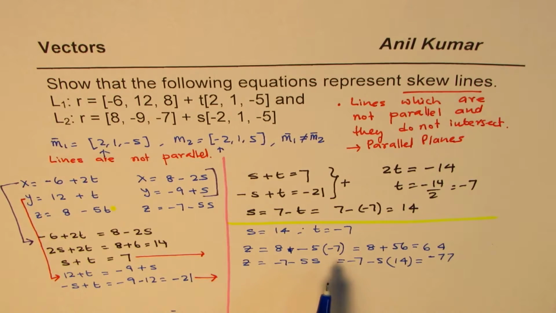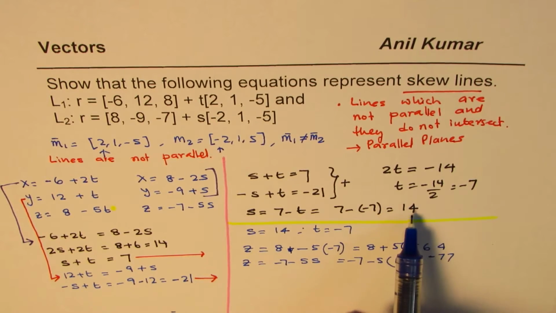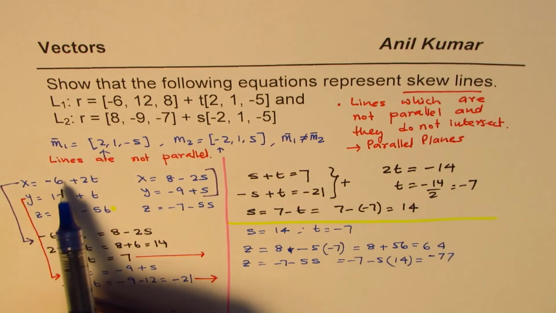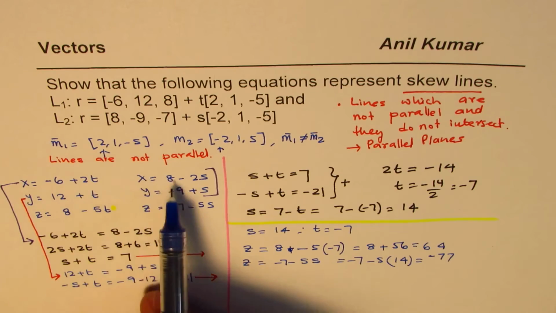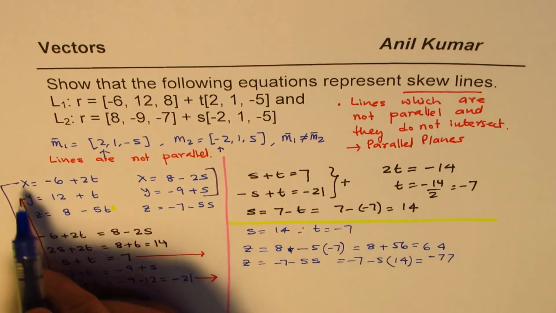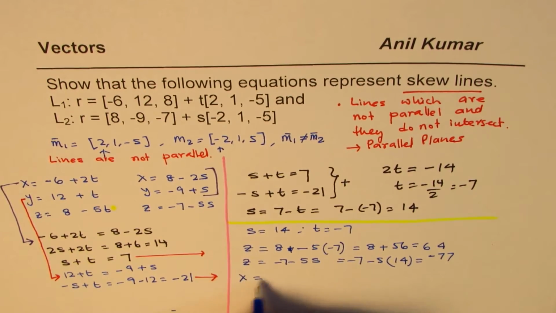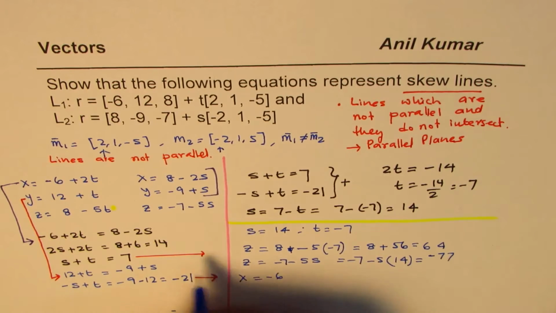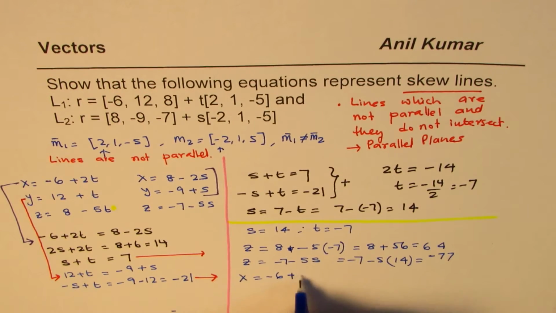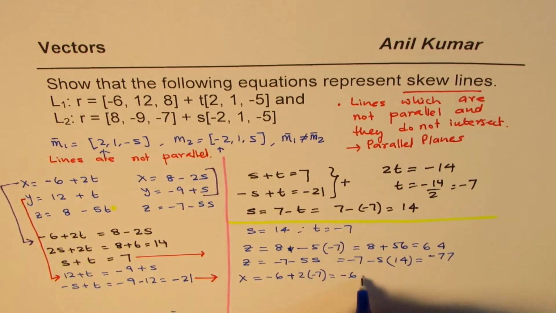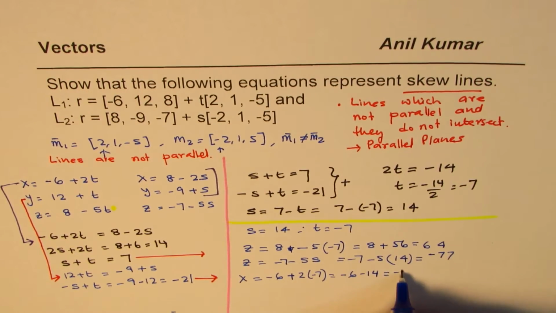That's the whole idea. You'll find that if you substitute the values of t and s in the x and y equations, you'll get matching results. So you can try that out. Let's figure it out. For x, it is minus 6 plus 2 times t. t is minus 7, so that gives us minus 6 minus 14, and that is minus 20.